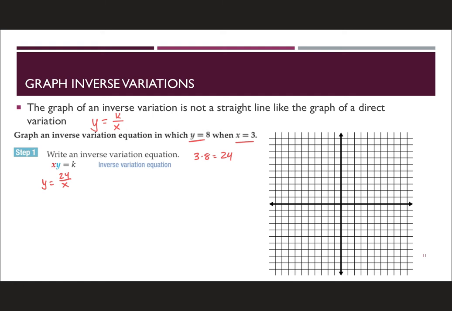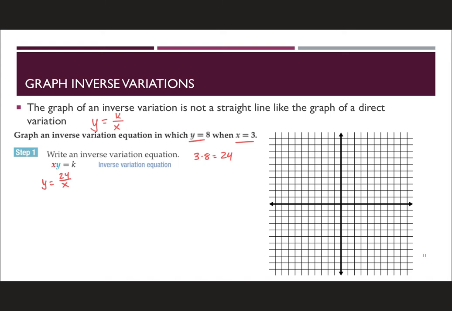And as I'm looking at this, I can think that 24 over x. Well, if I were to plug 5 in for x, that wouldn't work very well. 24 wouldn't divide nicely with 5. So I'm going to pick numbers on purpose that will work well and divide with 24 nicely.